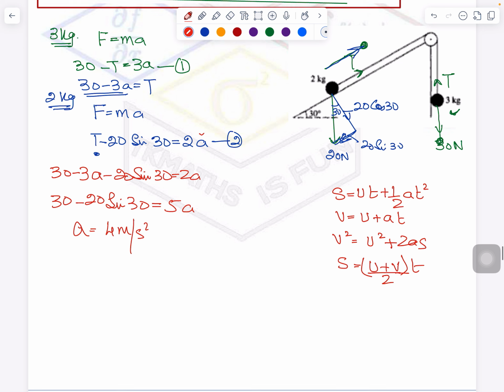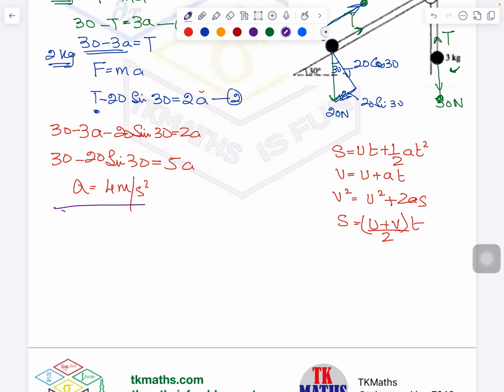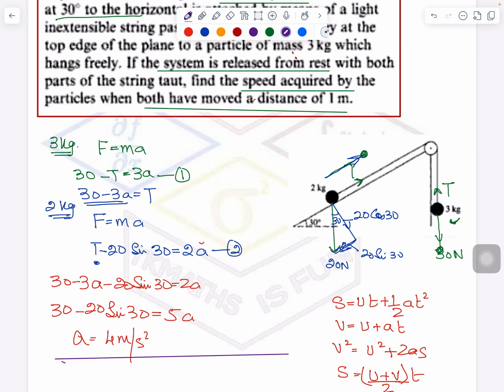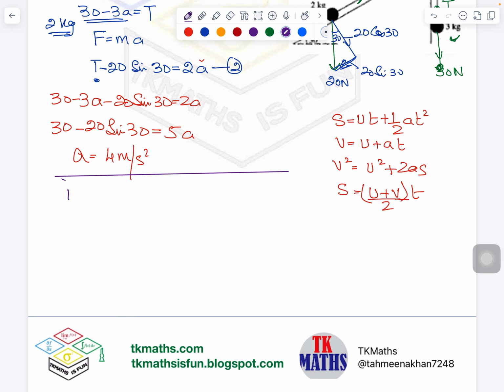Now which one will you use? You have to see which information you have here. Because it started from rest, it was written in the question, the system is released from rest. It means the initial velocity u is 0. V you have to find out. Distance covered is 1 meter. Acceleration you have calculated, 4.